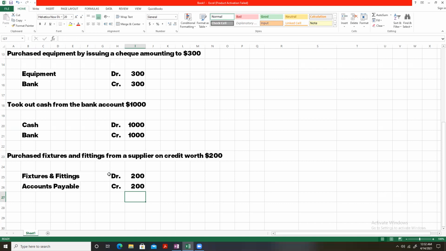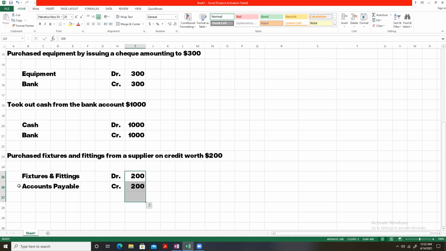Purchased fixtures and fittings from a supplier on credit worth how much? Worth $200.